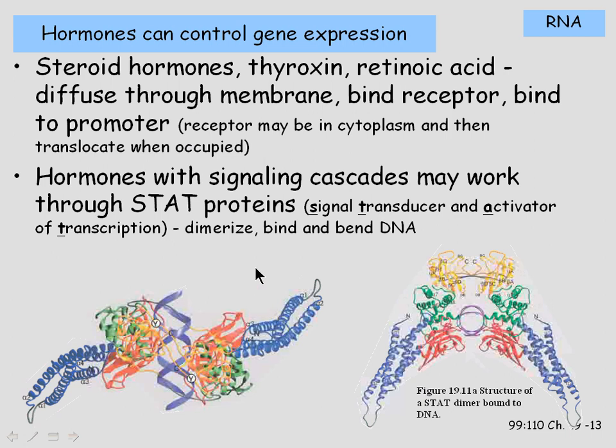So one of the consequences of a signaling cascade, whether it's mediated through cyclic AMP or through calcium and phosphoinositol, PIP2 or something like that, is that they can activate these STAT proteins, which need to dimerize, and when they dimerize can then bind to and bend the DNA molecule in ways that make it more accessible.